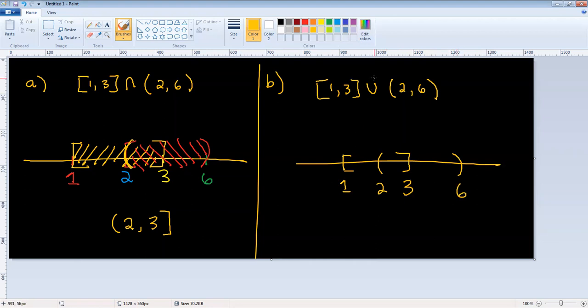And we are looking for the union of all of this. So you know what the union actually is? The union is what? You just put everything together. Okay, you put everything together here. And so you know what you're going to get? Well, you're going to get this. You're going to get 1 to 6. Okay, that's what you're going to get here.